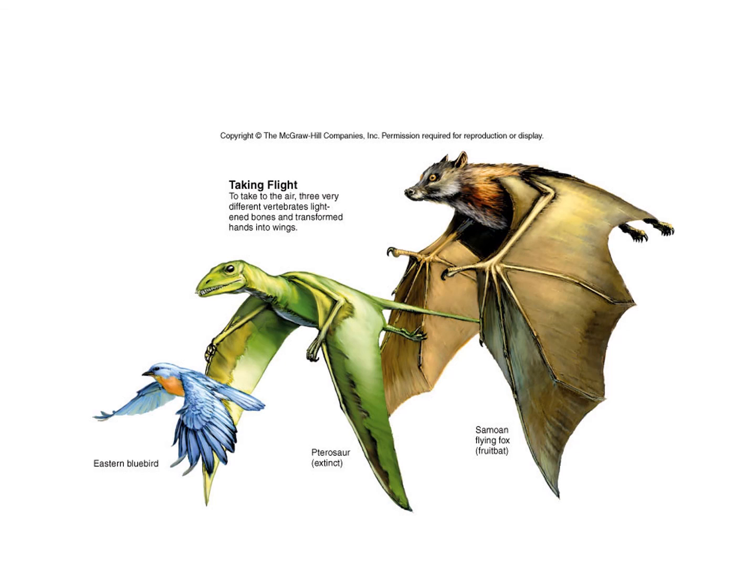So we see a lot of convergences in the adaptations in their forelimbs, lightweight skeletons. For the bat, most of the wing membrane is supported by enlarged fingers. For the pterosaur, most of the wing membrane is supported by a great, huge, long pinky. For the bird, it's feathers that give them their surface area. So, interesting convergences when it comes to flight.